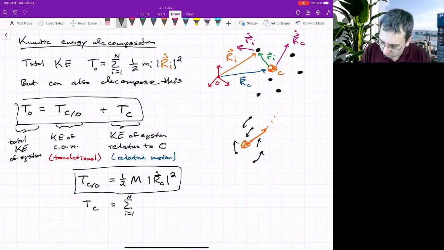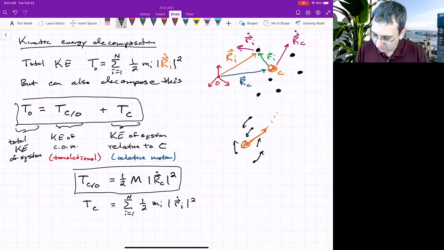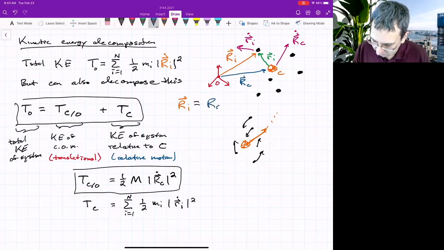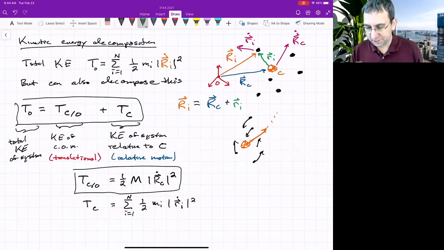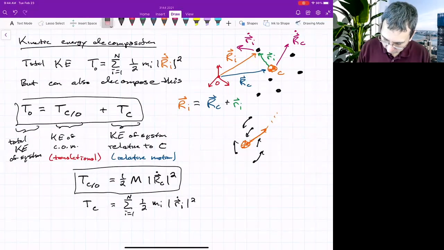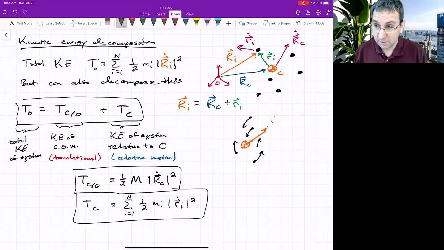But now we're writing 1/2 m_i R_i dot squared. And one of the things that we've used up here is that if you write the location of each particle, it equals the location of the center of mass plus the location of the particle relative to the center of mass. That's what we get for the two formulas.